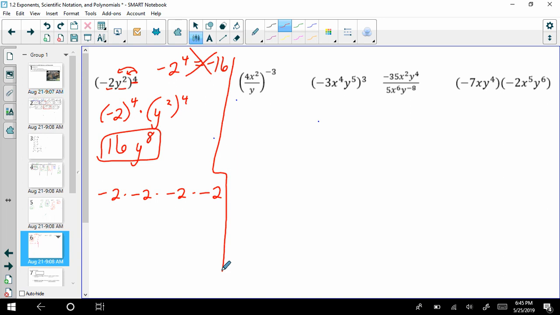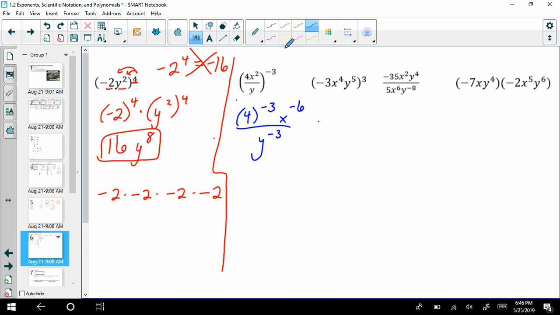Okay, next one. Let's deal with that negative 3 first, so they're all going to get it. So 2 times negative 3, I'd have x to the negative 6. And then the y would also get the negative 3. Everything's getting it. Now we have a whole lot of negative exponents.